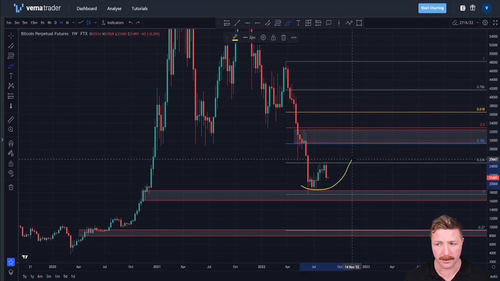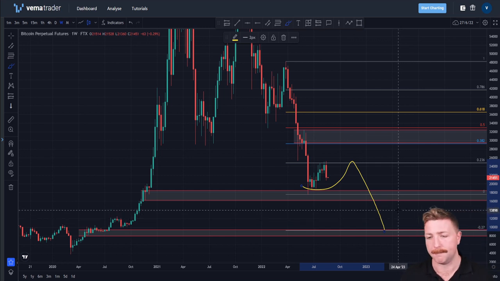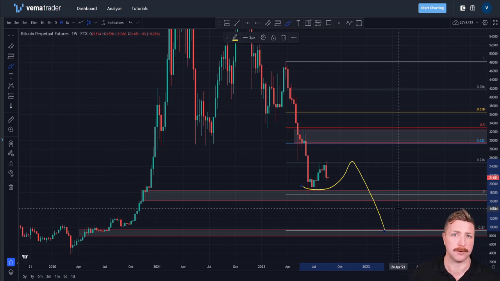If we only get to the 23.6, there's probably a good chance there's going to be a significant move down. And so he compares it to a diving board, right? A really stiff diving board won't bend very far, and then it'll launch you a decent way. A really loose diving board will bend a long way, and then it won't send you that far. So really good analogy for fibs, in my opinion.